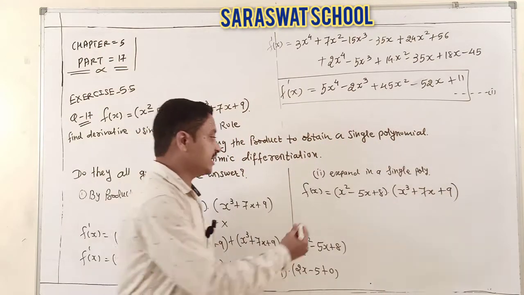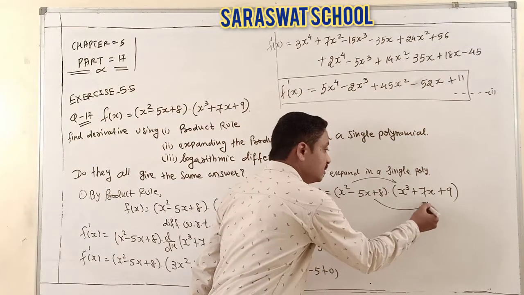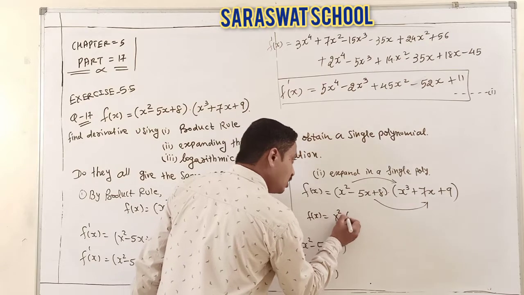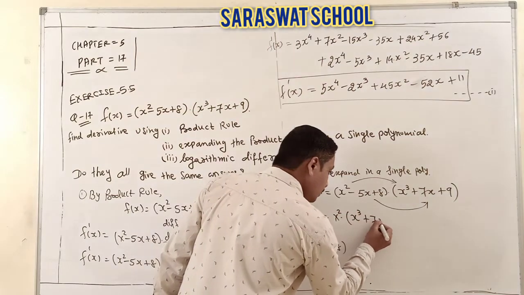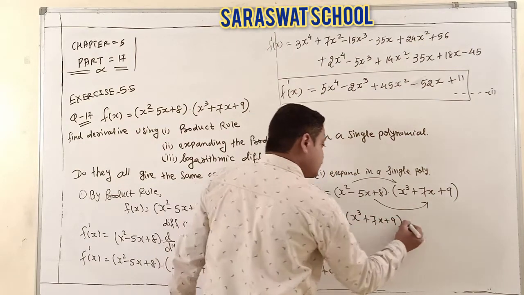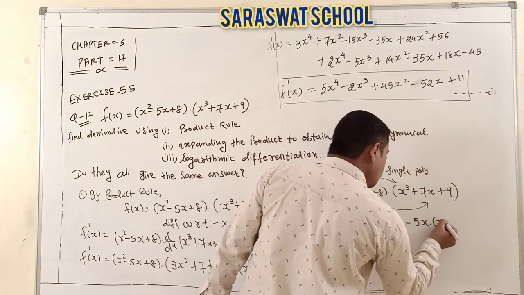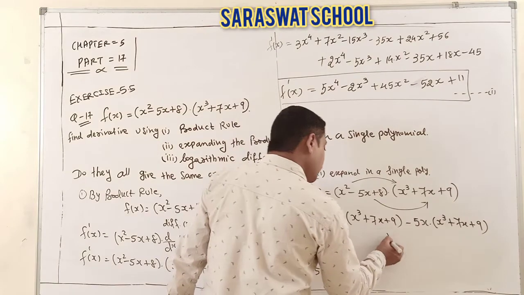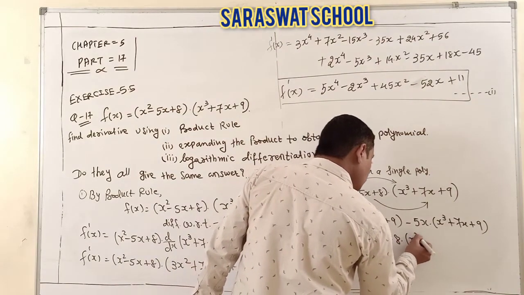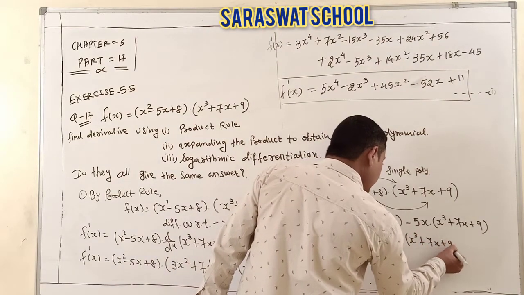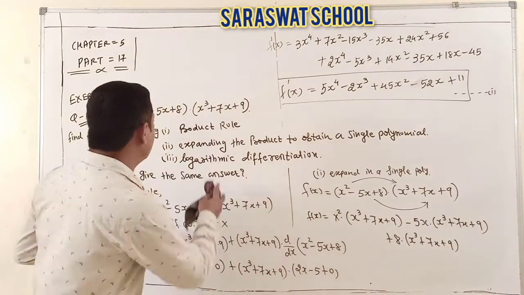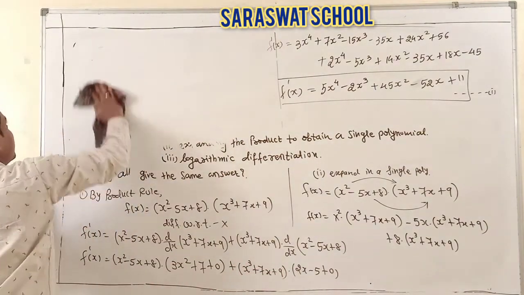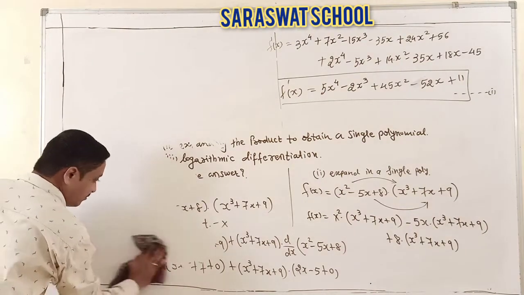Now here students, expand it one by one. So big steps here: x square with the full term, minus 5x with the full term, and plus 8 with this full term value. Now slowly I expand both, then after I start our derivative.